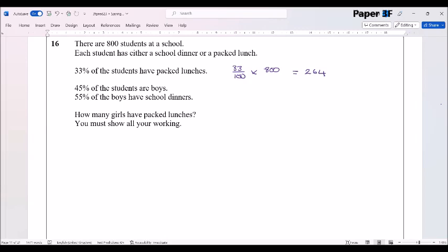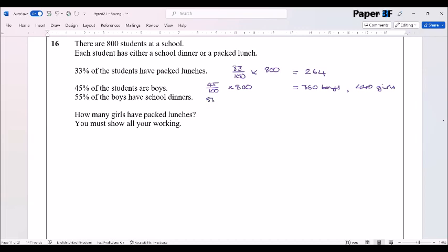45% of the students are boys. So that's 45 out of 100 times 800, or 0.45 times 800, which is 360. So 360 boys. If there are 360 boys, that means there are 800 minus 360, so it's 440 girls. 55% of the boys have school dinners.